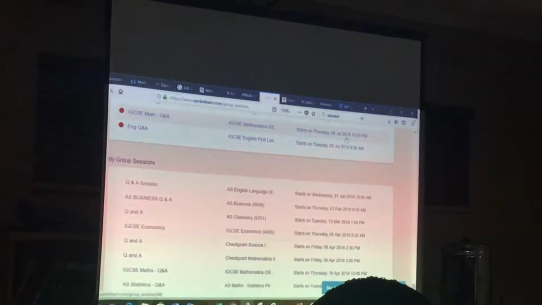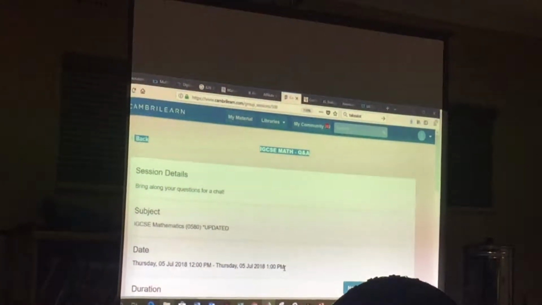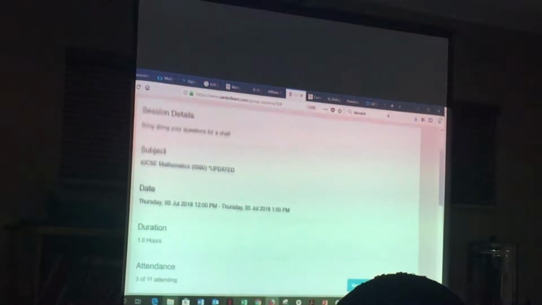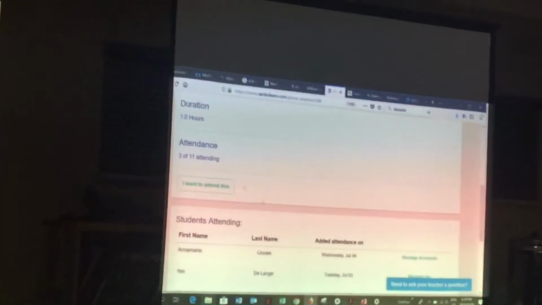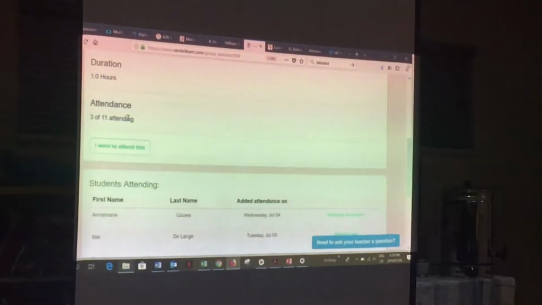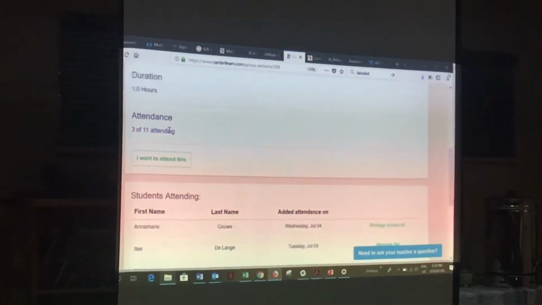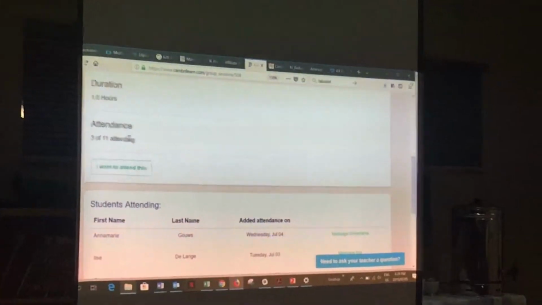I'm a bit late to join it, but let's just demonstrate what it was. It was a maths class from 12 till 1 today. And that tells you 3 people attended, and the maximum number was 11. If the class gets full, we create another class. But we do limit the size of the classes, because the idea is that every student needs to have a chance to get their questions answered.